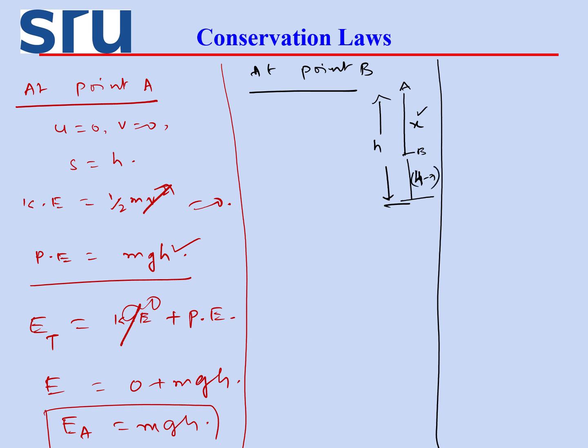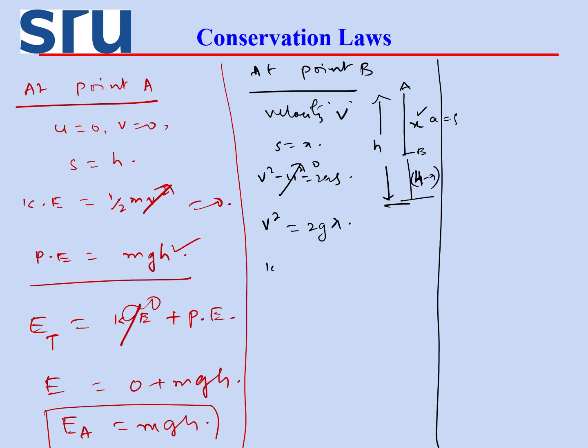So therefore, at point B it has some velocity v. Now here it traveled from A to B, s equals x. So we use the formula v square minus u square equals 2as. The initial velocity is 0, so v square equals 2as. a is nothing but acceleration. It is coming in the downward direction, a equals g. So that is 2gx.